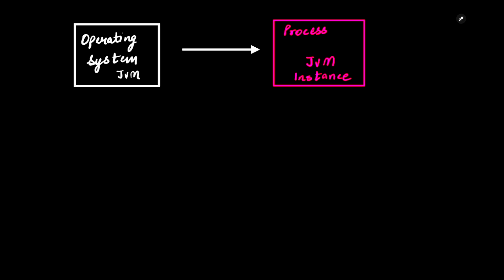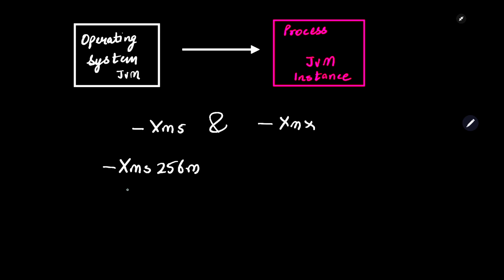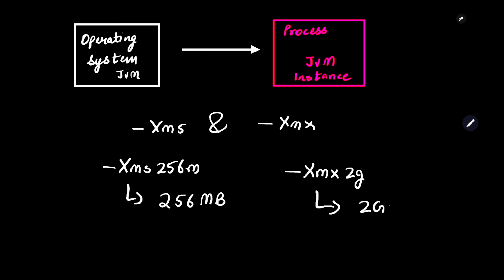While executing a bytecode, you pass flags, that is -Xms and -Xmx. So basically, -Xms 256M starts the JVM with 256 MB of memory, and -Xmx 2G lets it grow up to 2 GB if needed.